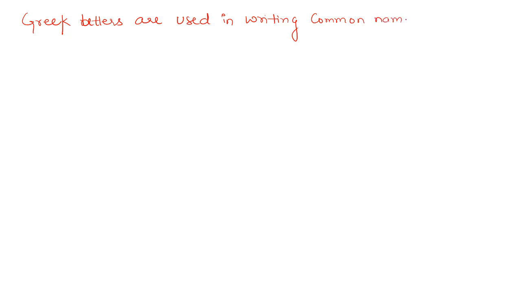There are some Greek letters which are used, like alpha, alpha dash, beta, beta dash, in writing the common names. For example, this is a functional group.